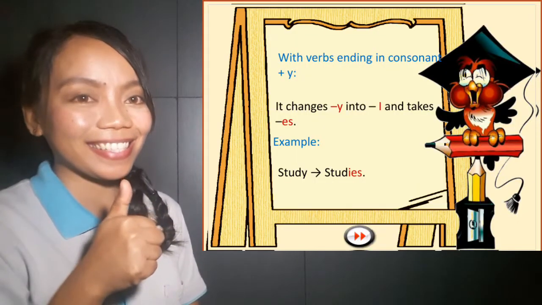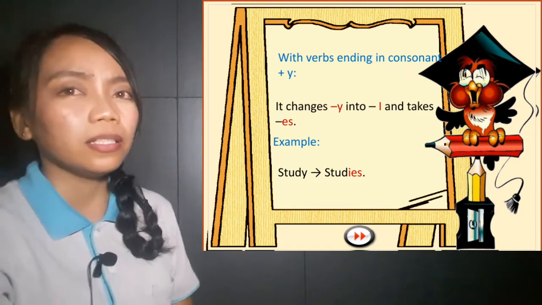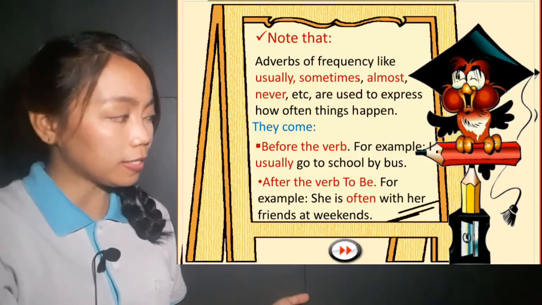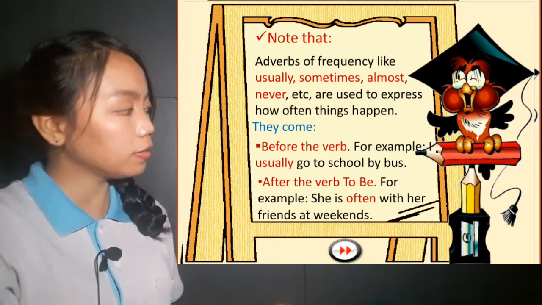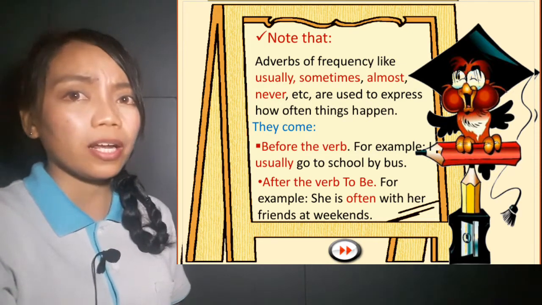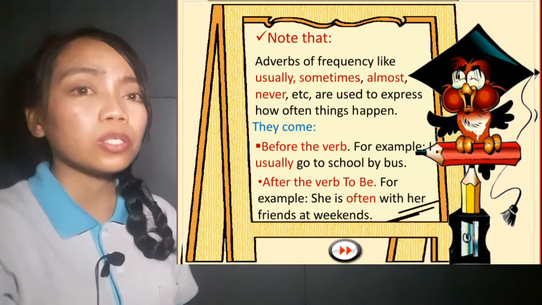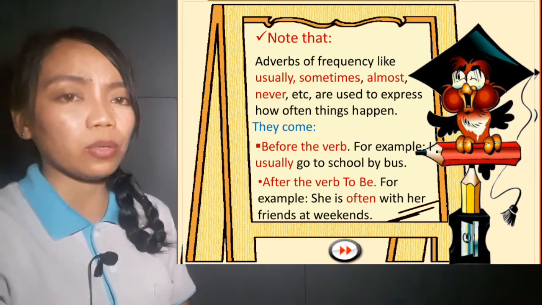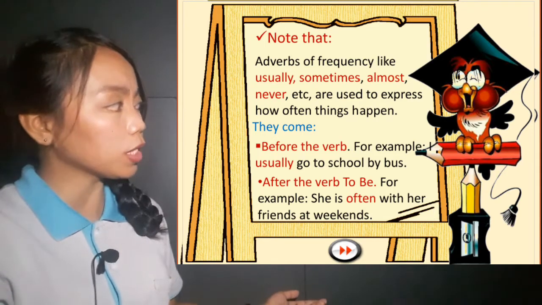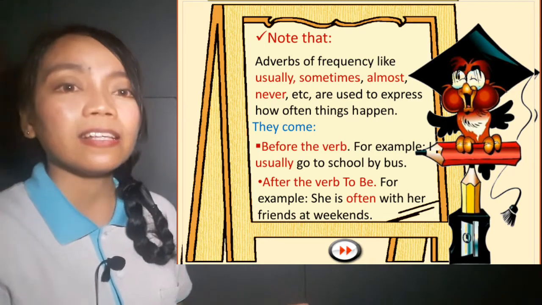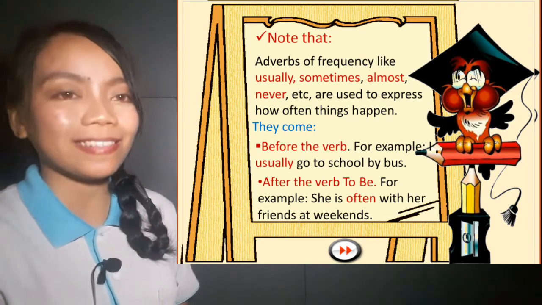add ES. Okay? Note that adverbs of frequency like usually, sometimes, almost, never, or many more are used and express how often things happen. So for adverbs of frequency, if you can see these words in the sentence, that means we need to use present simple.